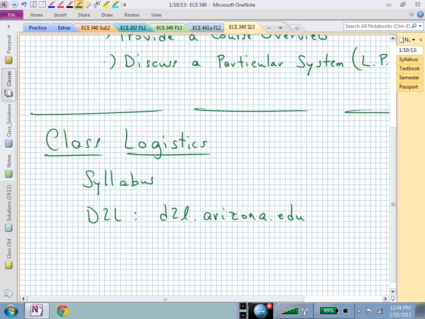And I will try to make that available to you so that you don't have to frantically keep writing everything down. I'll give you a couple things. One is a PDF of what I write on the screen, and another will be simply the audio-video recording of what's projected on the screen. And hopefully that will be available to you. Let's now talk about the syllabus.